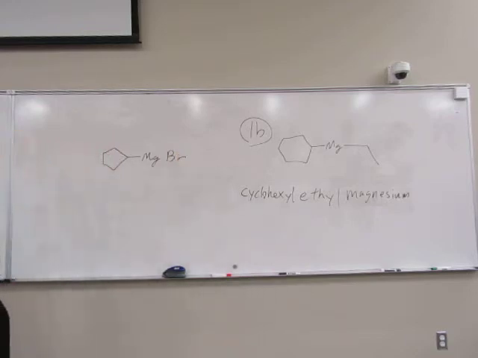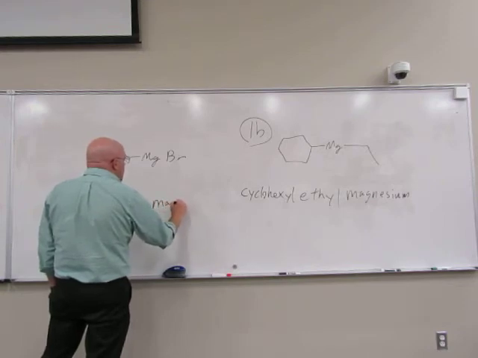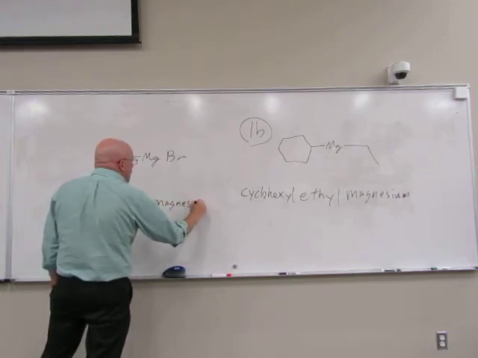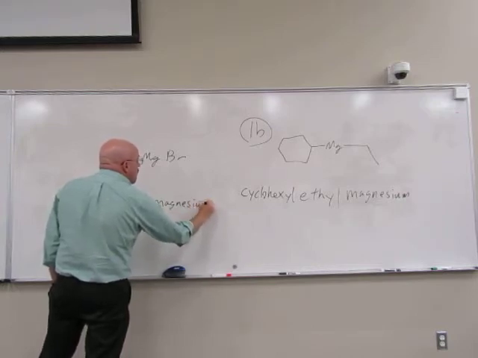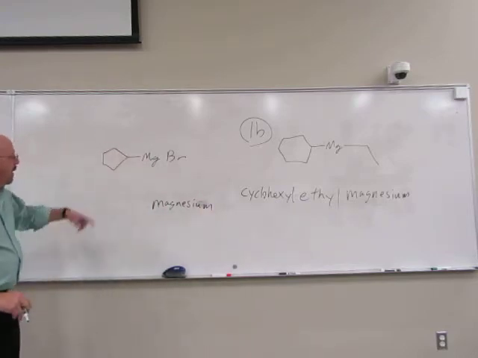So if we were to have something like this one. Here again, magnesium is the parent name or the base name. The organic portion is named as a substituent coming off the metal.